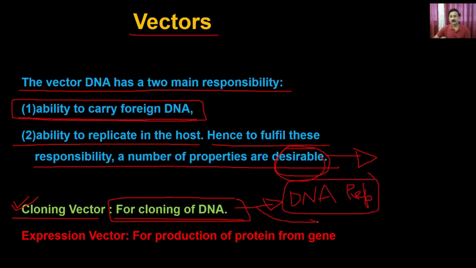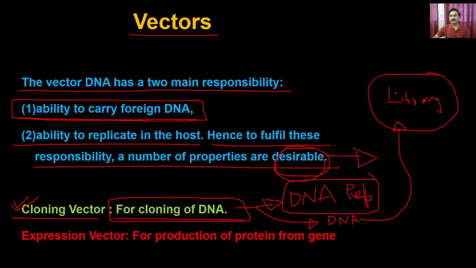Or in some cases you are not interested in expressing anything, but you want to generate the DNA and insert it into a vector so that you can have a complete set of DNA, simply to generate a library. So you want to generate a library of DNA in a vector, and that is called the genomic library, for example. If you generate the genomic library, you can generate it in a cloning vector.